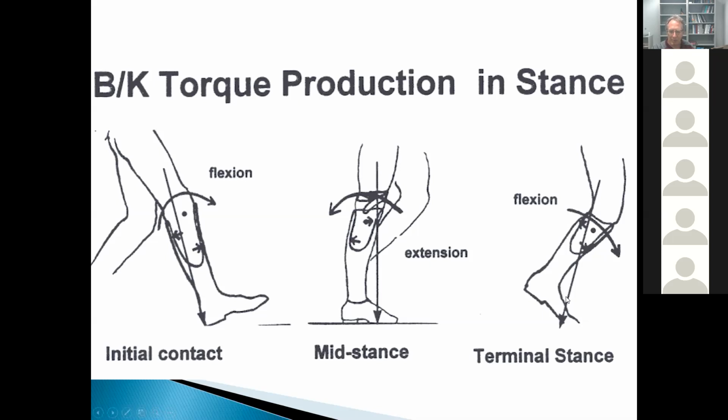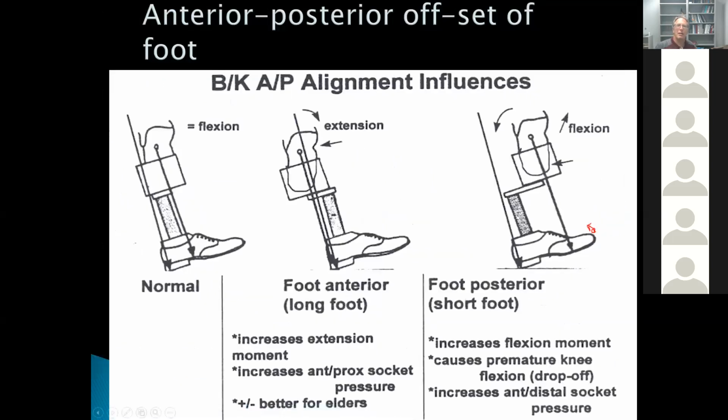And then during terminal stance, and this is true with us too, we have again an external flexion moment as the ground reaction force vector goes to the rear. Let me draw that in. So it's going to the rear of the sagittal plane axis. I'll draw in a circle, the sagittal plane axis of the knee joint.